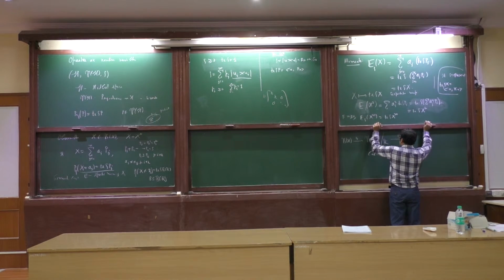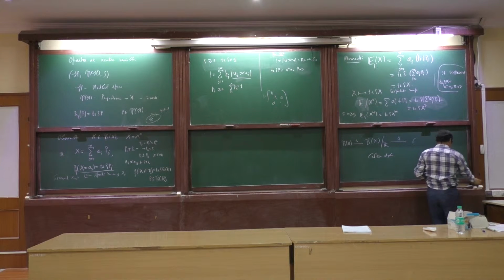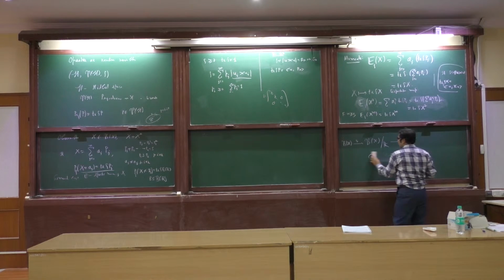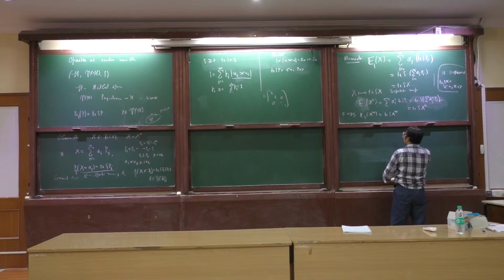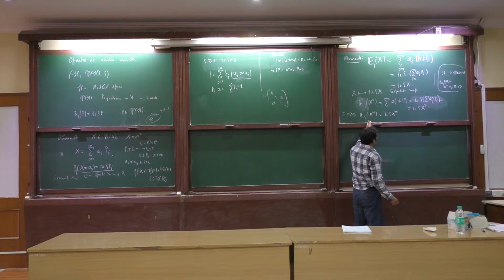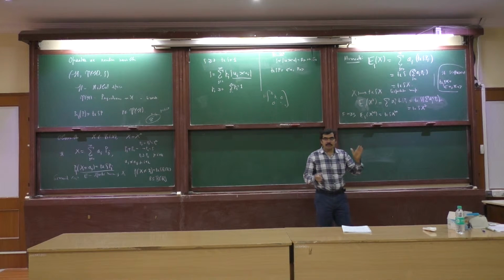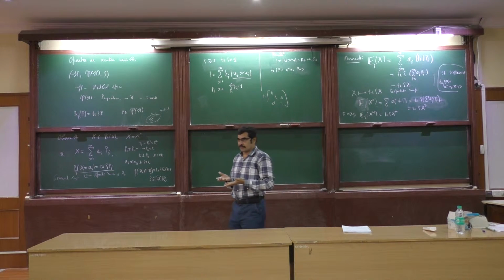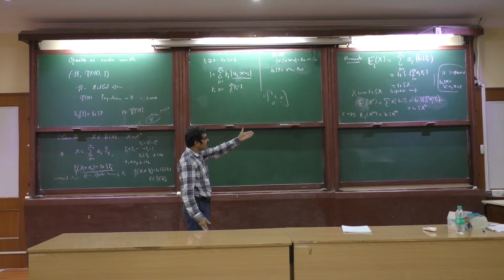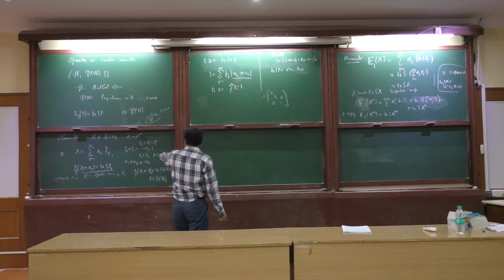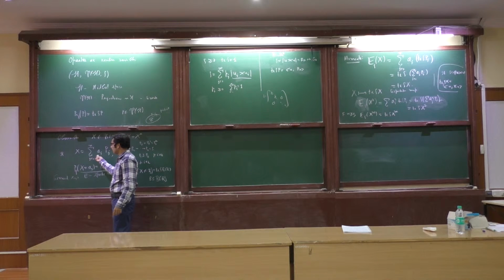The important thing to note here is the moral of the story: after you do this computation, to compute moments of x, you don't have to know the spectral decomposition of x. It is enough to just compute trace rho x to the power m. For that I don't have to know what this decomposition is.